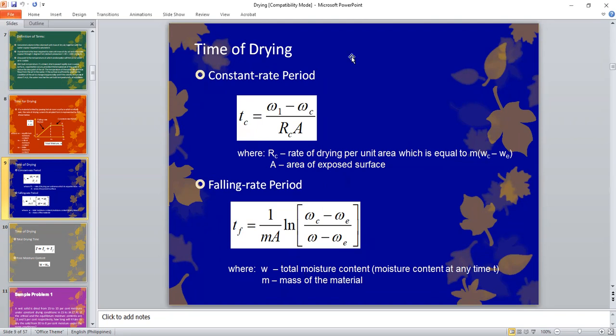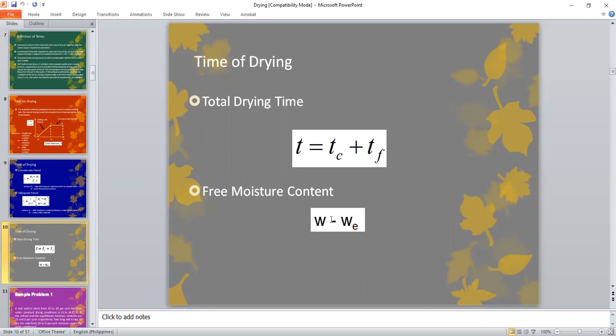But rather, there are problems which would give a relationship between the free moisture content and another drying parameter probably. So it depends on the problem and how it's stated.